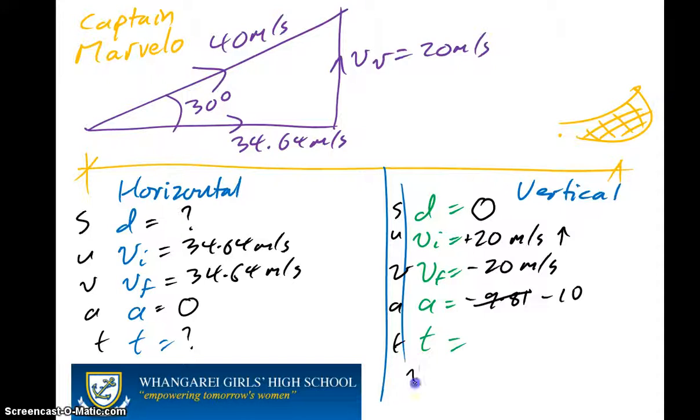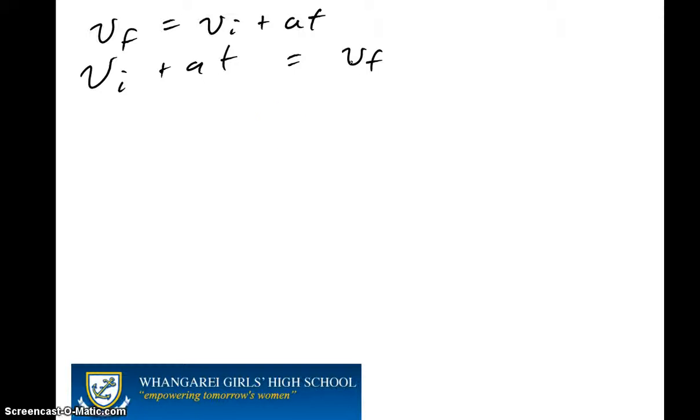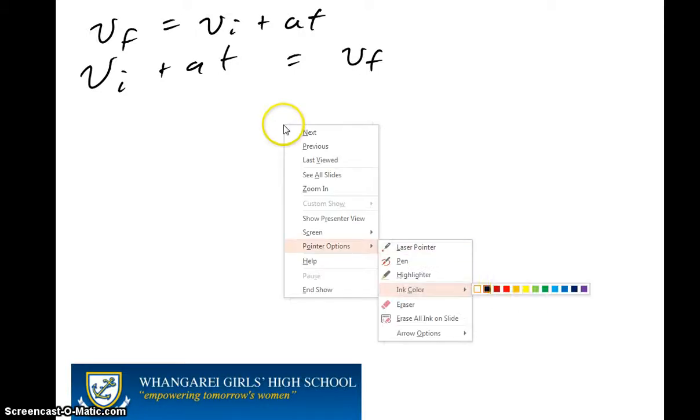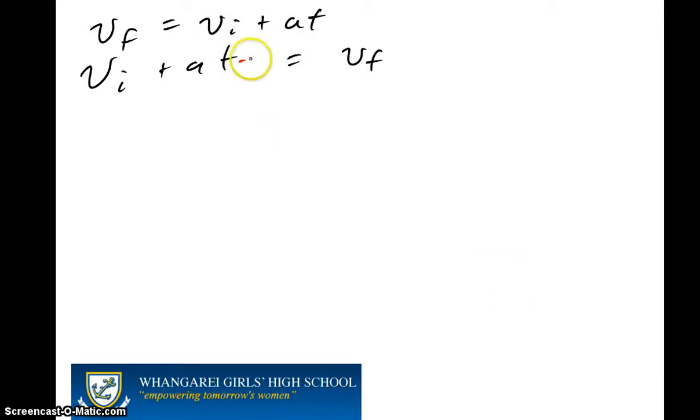The final velocity is equal to the initial velocity plus acceleration times the time. We do a complicated step called swapping sides. So, plus acceleration times time is equal to the final velocity, and then we can subtract initial velocity from both sides.